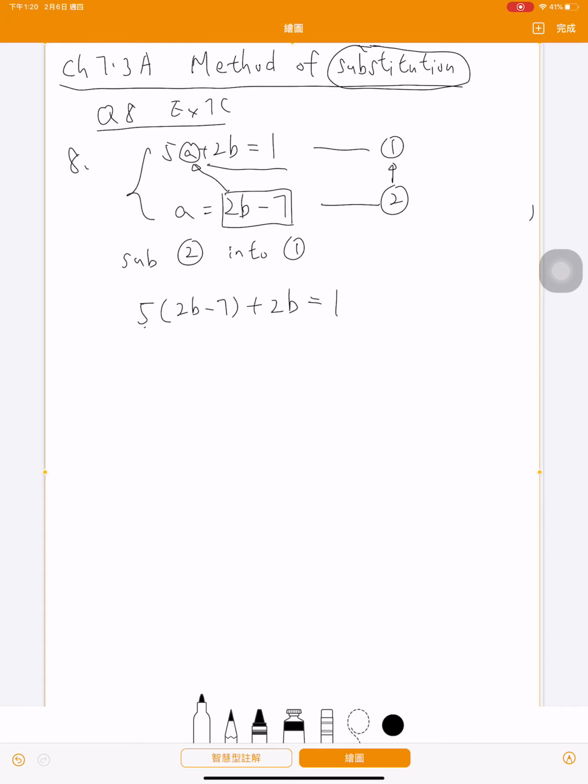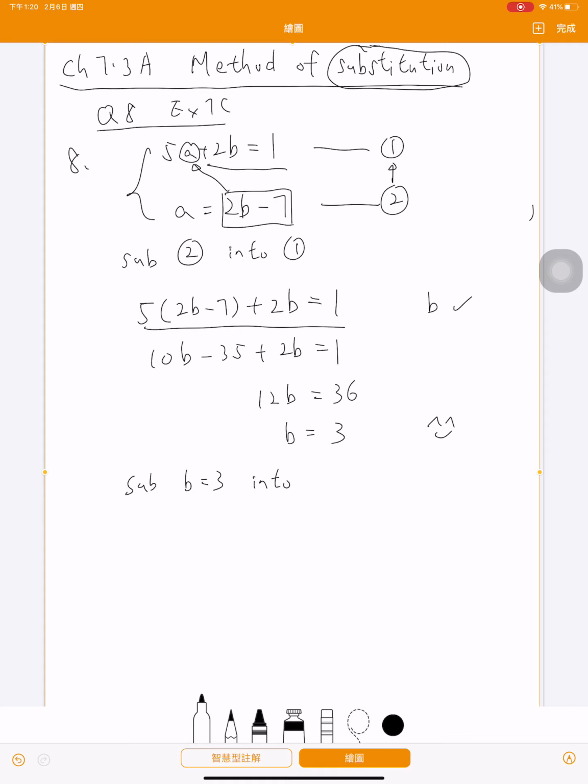Then in this one we can see there is only one unknown, that is b, right? So we can calculate: 10b minus 35 plus 2b is equal to 1. And then 12b is equal to 36, b is equal to 3. Then we can substitute this answer b is equal to 3 into any one of the equations.